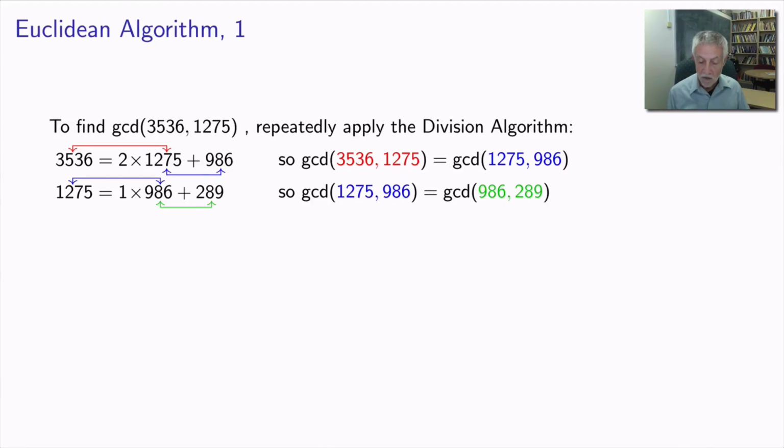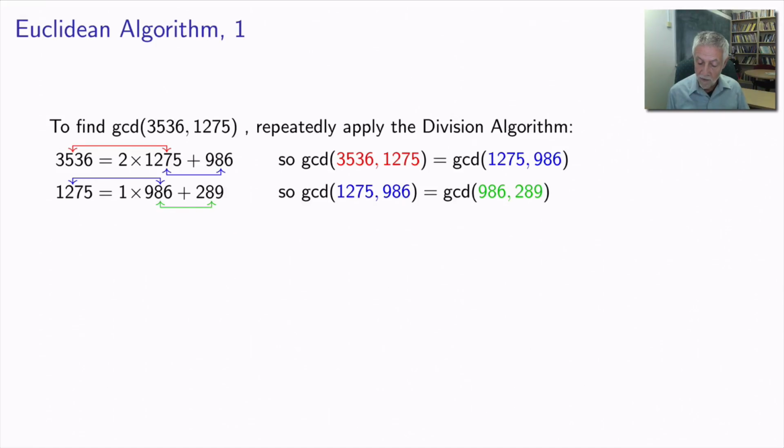Now we're looking at the greatest common divisor of 1275 and 986, same as here. Once again, we use 1275 as the dividend and 986 as the divisor, and this is the equation we get from the division algorithm. 986 goes into this number once, and the remainder is 289.